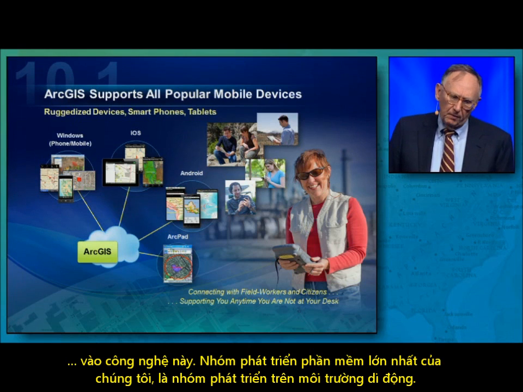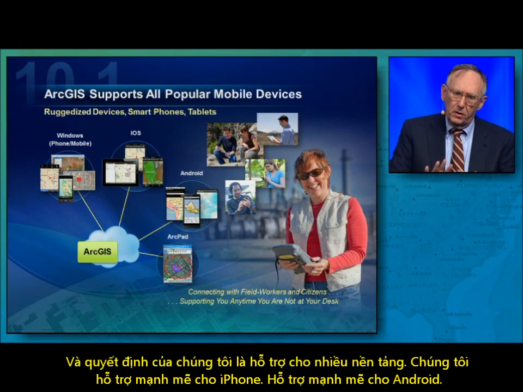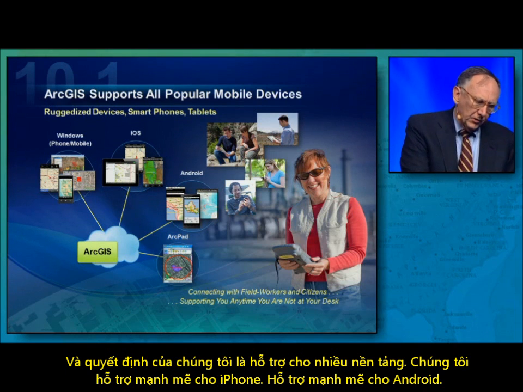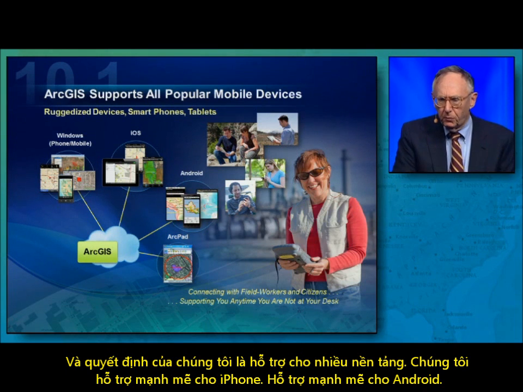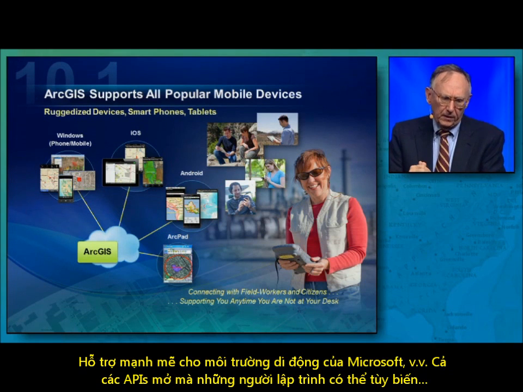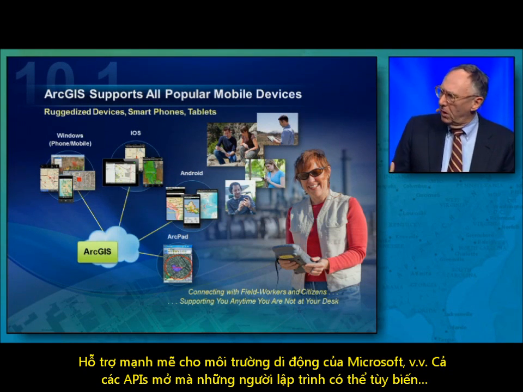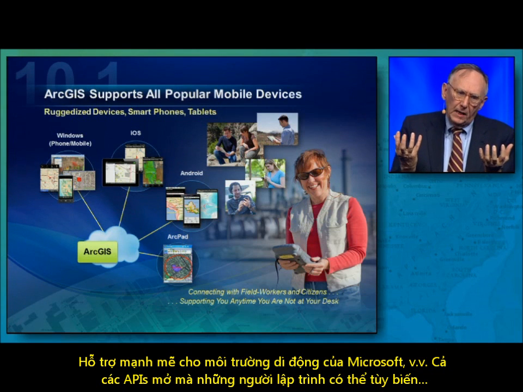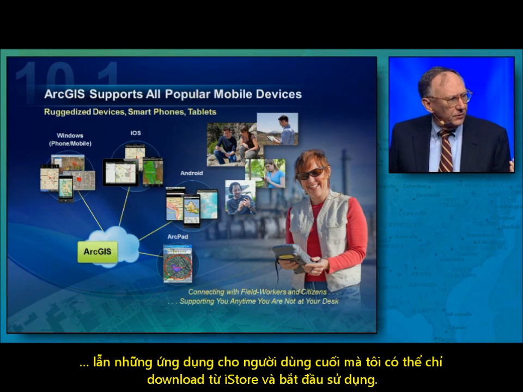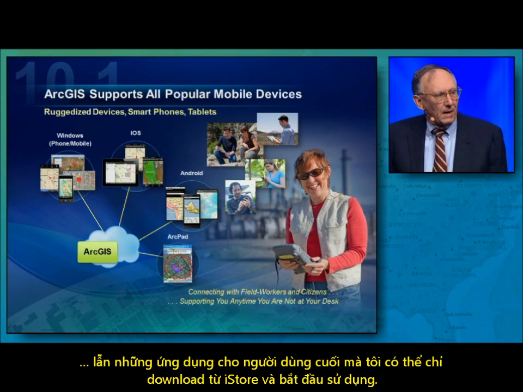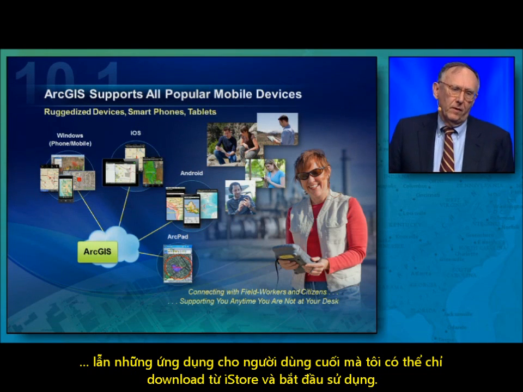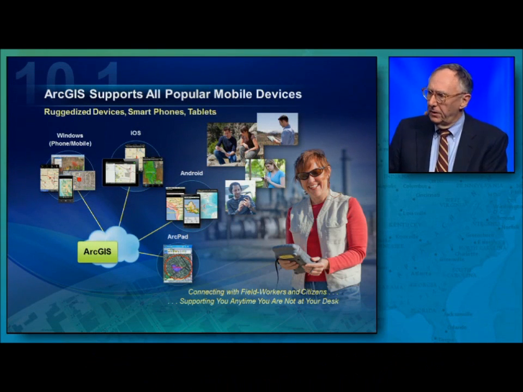That is mobile environment, and our decision was to support right across the whole spectrum, strong support for the iPhone, strong support for Android, strong support for Microsoft's mobile environment, and so on. Both with open APIs that are customizable for developers, but also end-user applications that I can just download from the iStore and begin to use.